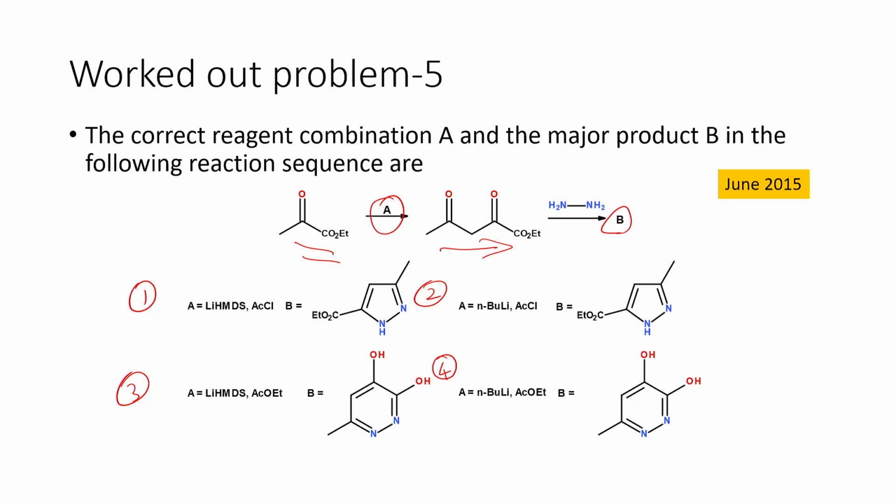So if we look at all the 4 options, in all of them we have the dinitrogen derivatives present here. So it is a little bit difficult to rule out what is not the intermediate.